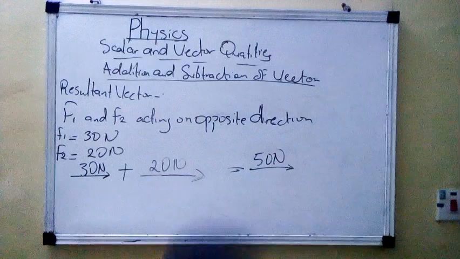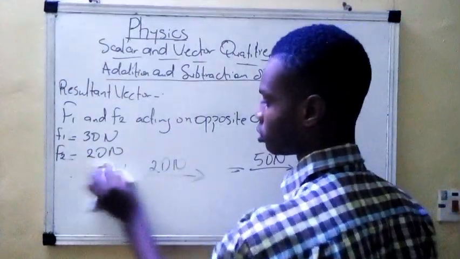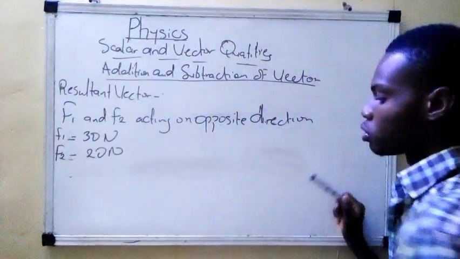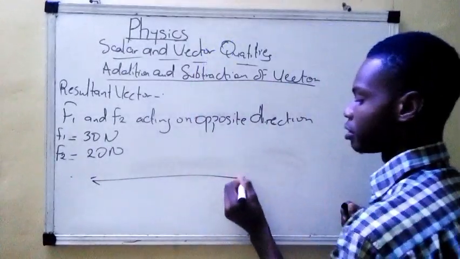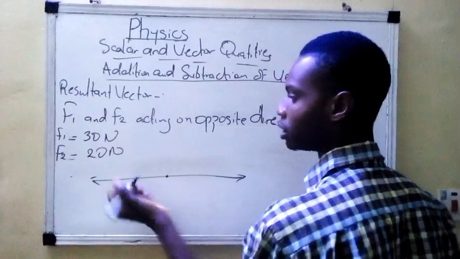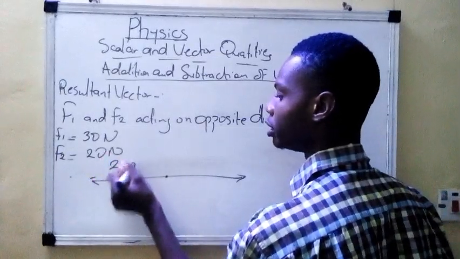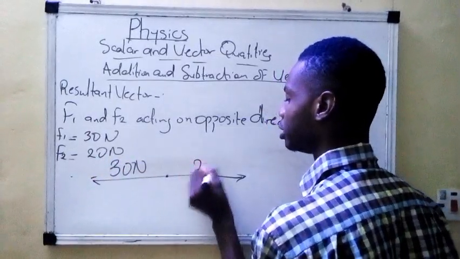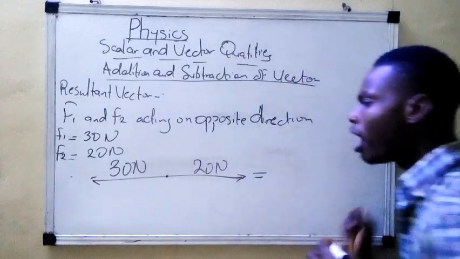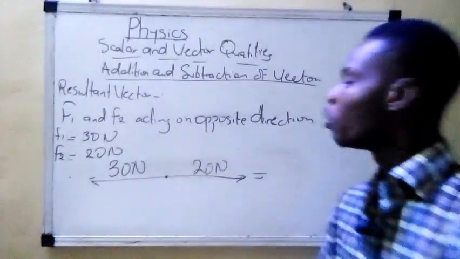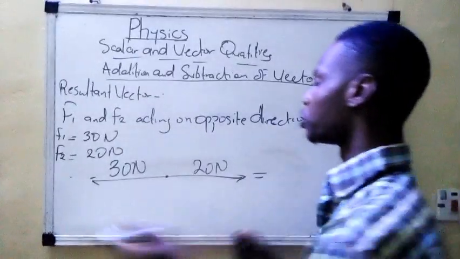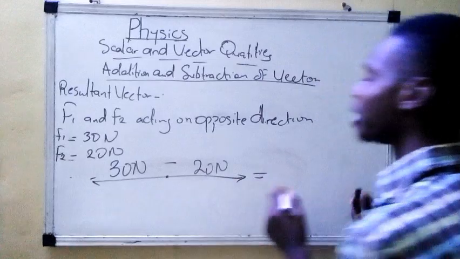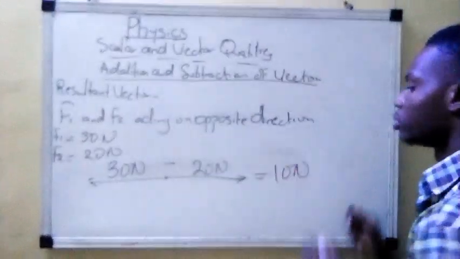Let's write opposite direction. We have a straight line, F1 is 30, and we have 20. What will be here when they are acting on opposite direction? It's a minus. So 30 minus 20 will give us 10.